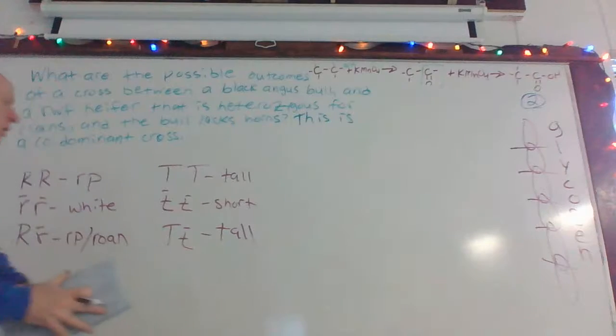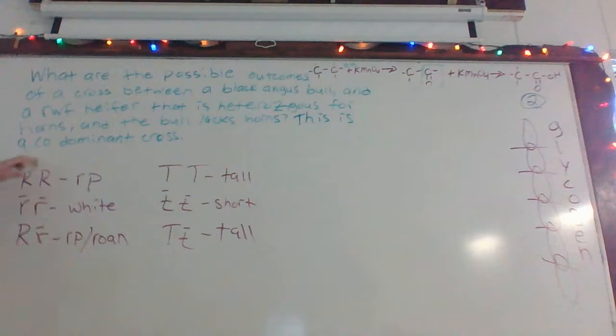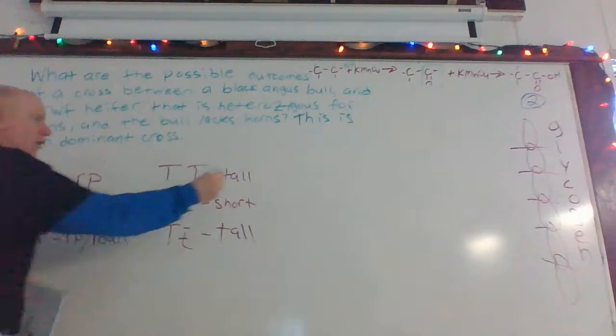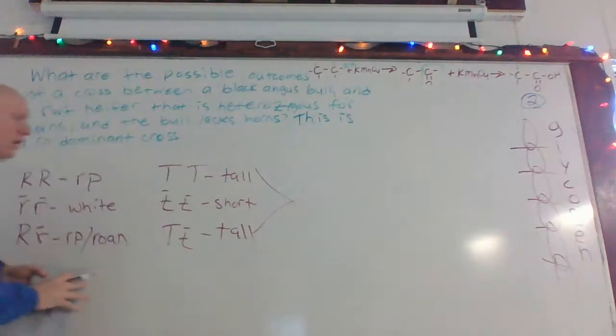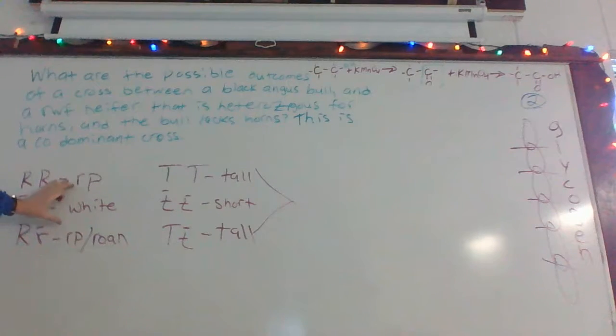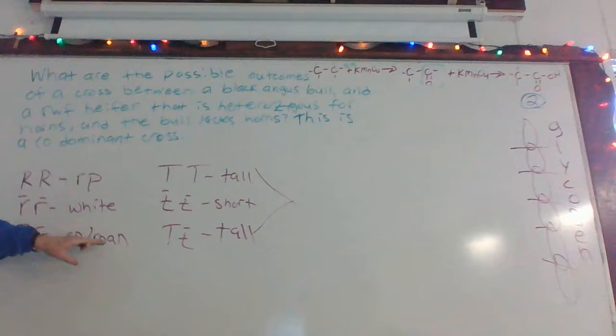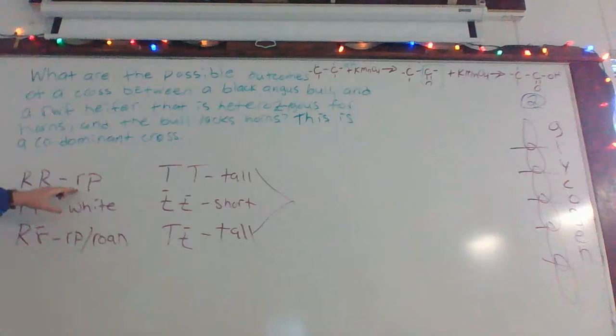Our point is that incomplete dominant and codominant crosses are slightly different: in an incomplete dominant cross you get an intermediate form. That's what we mean by roan, between the red poll and the white Charolais.